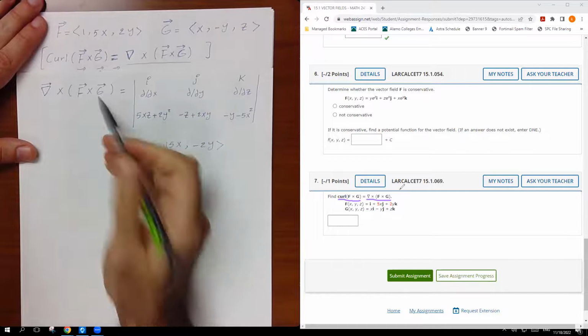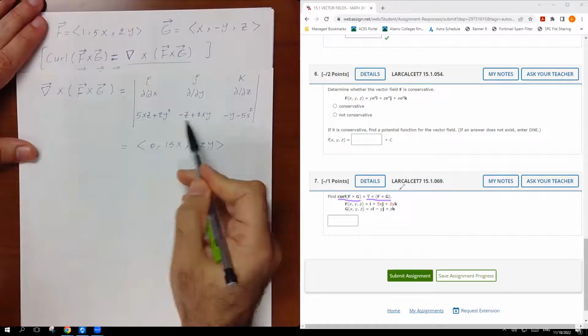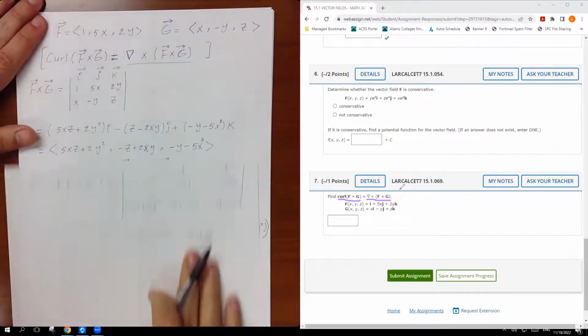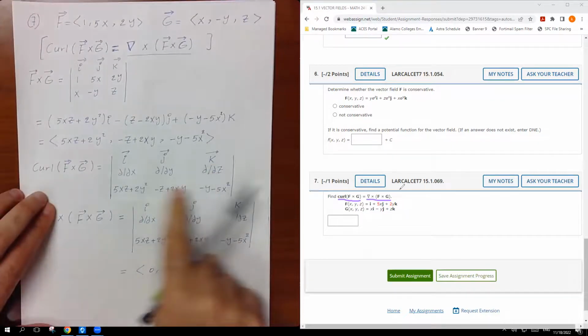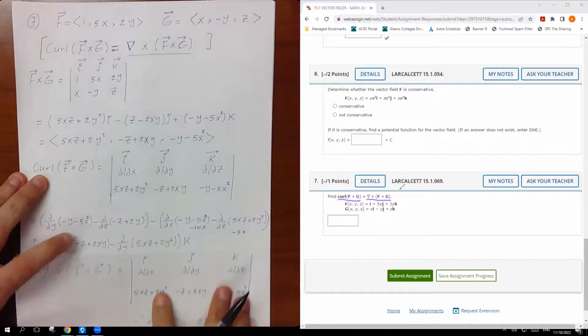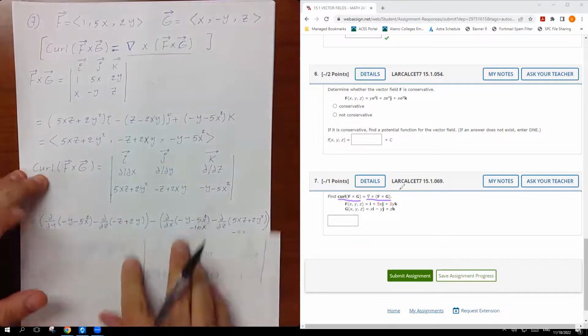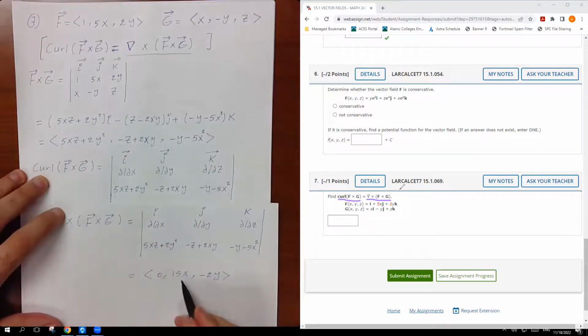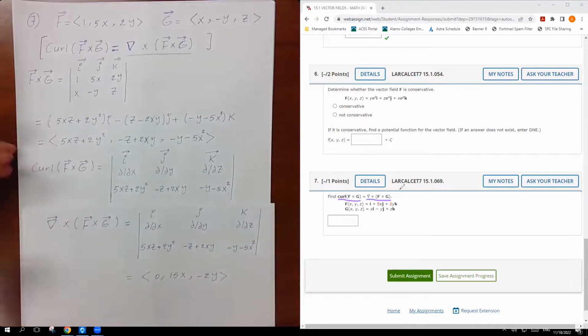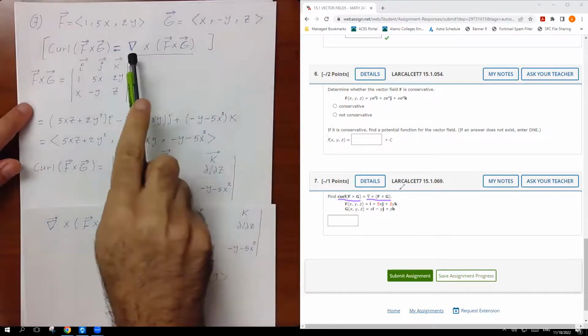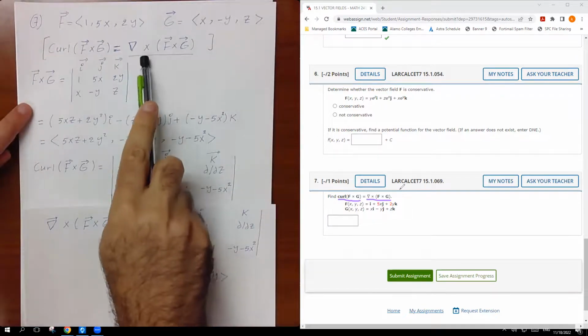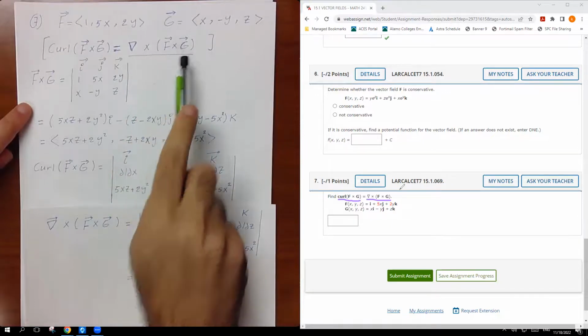And f cross g is going to be exactly the same. If you look at this part, it is exactly what we did here. So I don't have to do the same steps again, because my result is going to be 0, 15x, negative 2y. That means the curl of f cross g is exactly equal to the gradient cross f cross g.